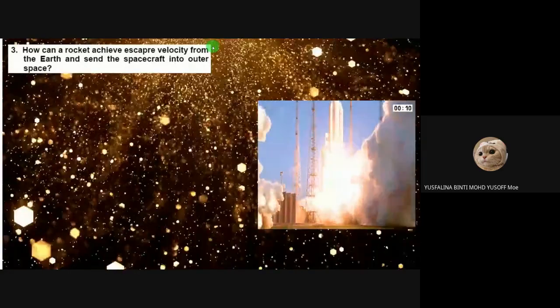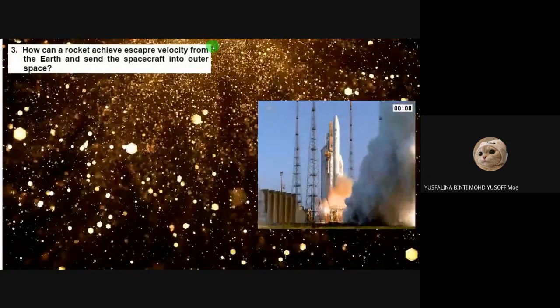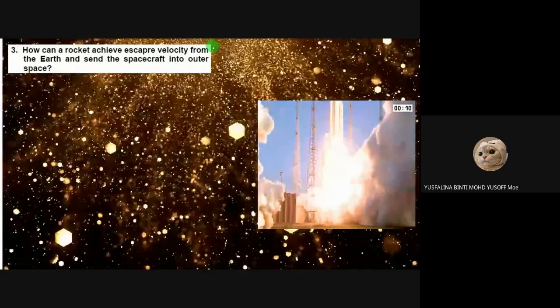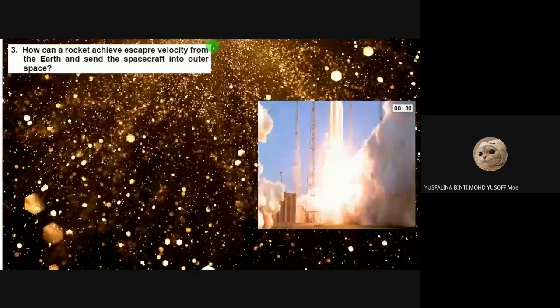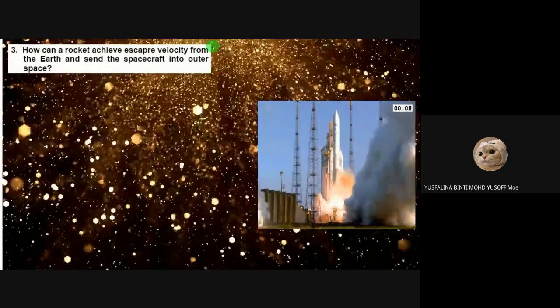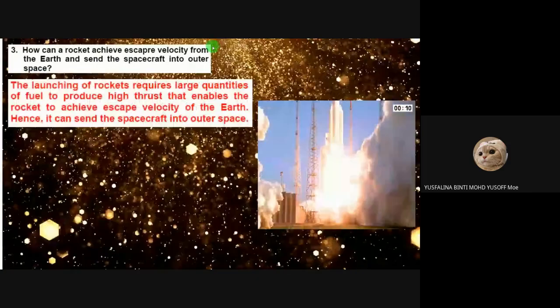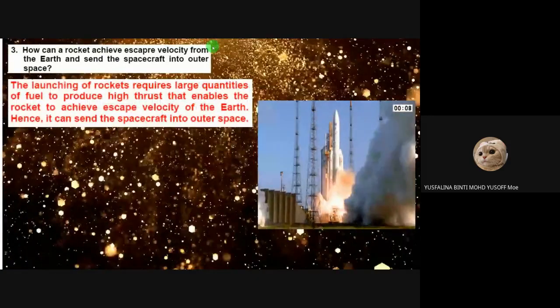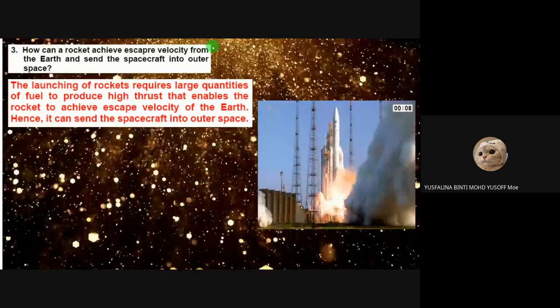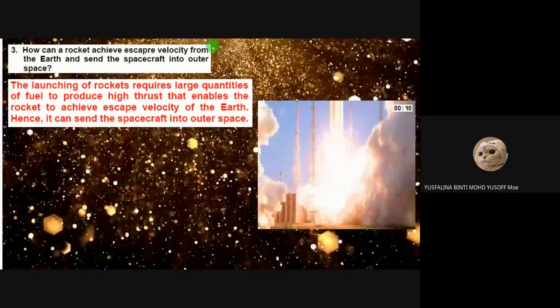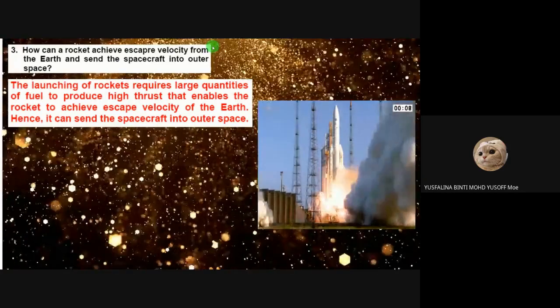So if it achieves more than 11,200, it will escape to outer space and it will orbit the Earth, according to the speed. So the launching of a rocket requires a large quantity of fuel to produce a high thrust that enables the rocket to achieve the escape velocity of the Earth.